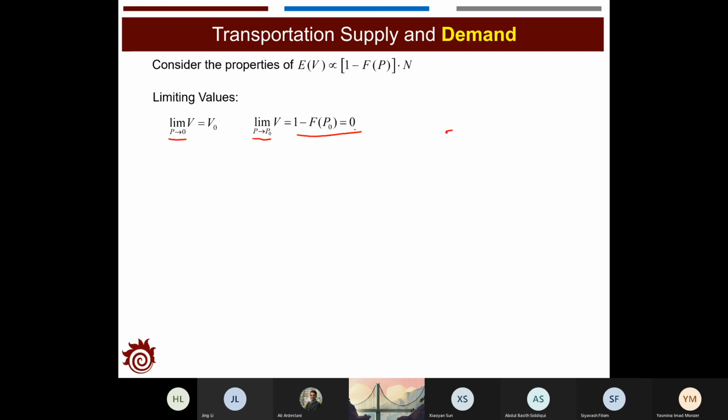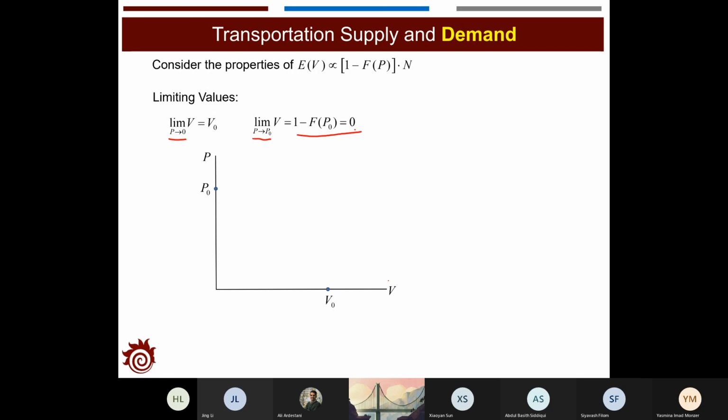So in that sense, we find the two ends. One is the ideal case, no cost of the trip, where you observe the maximum flow. The other extreme case is that the cost is too high, no one is going to take the trip, and the flow is 0. With that, we will be able to find two points in the region of the cost and the volume.